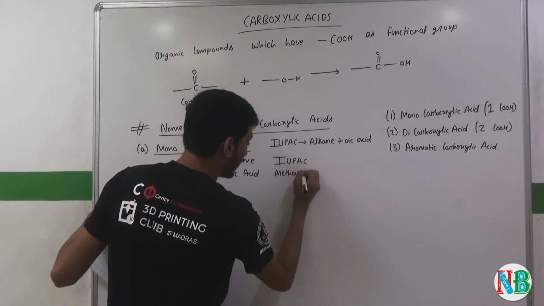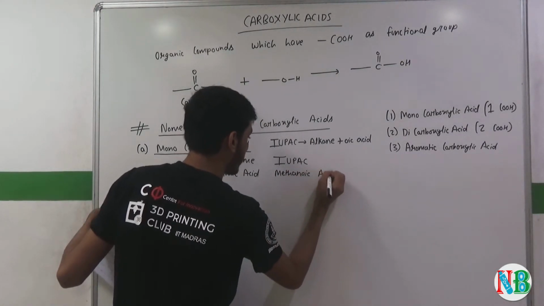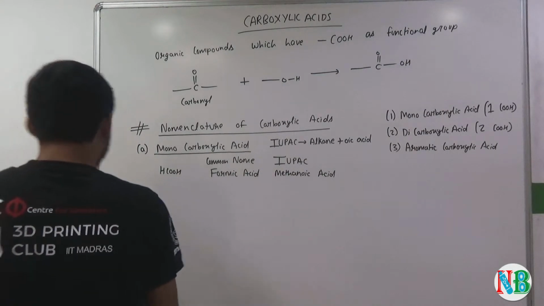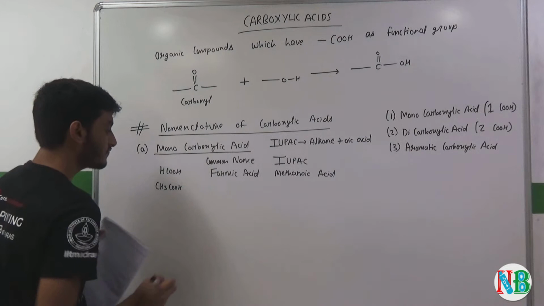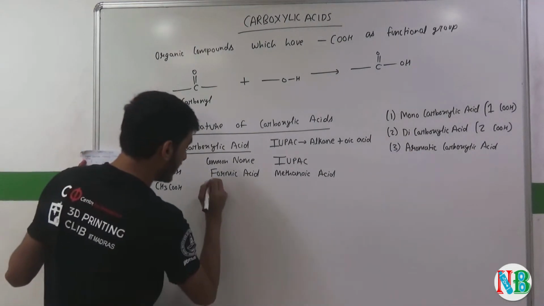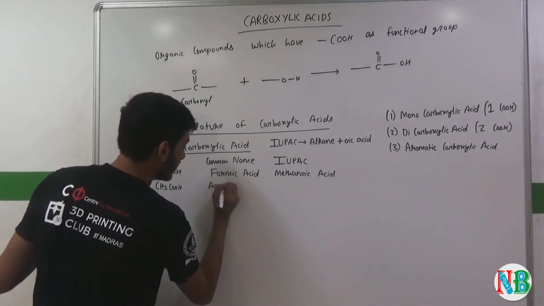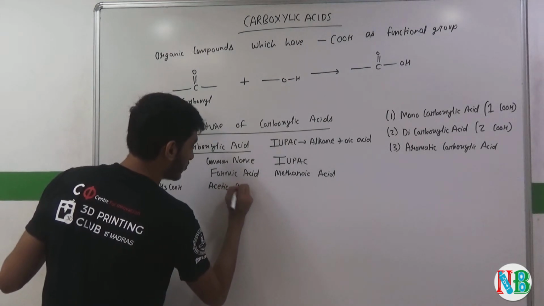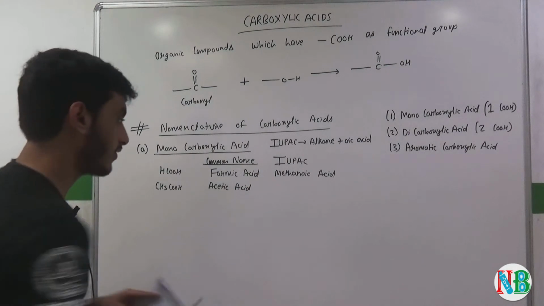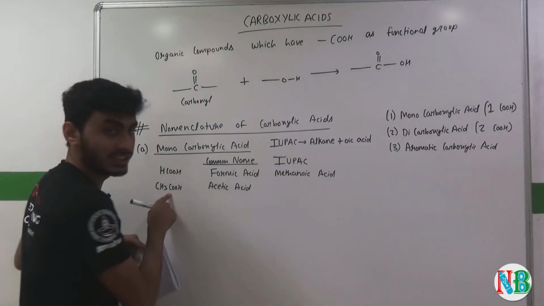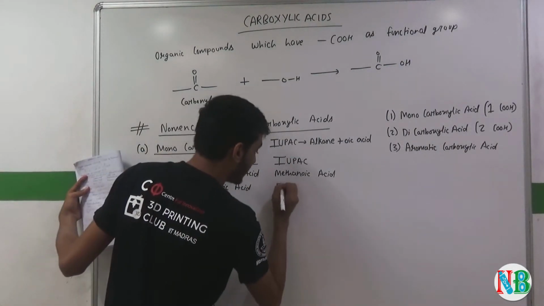So methanoic acid. Simple. If we take one more example, CH3COOH, it has a common name of acetic acid. And over here it has two C atoms, so it will be ethanoic acid.